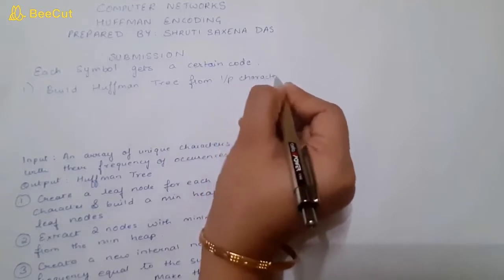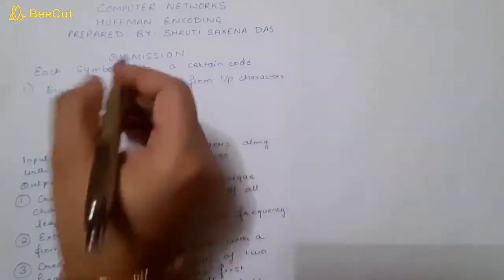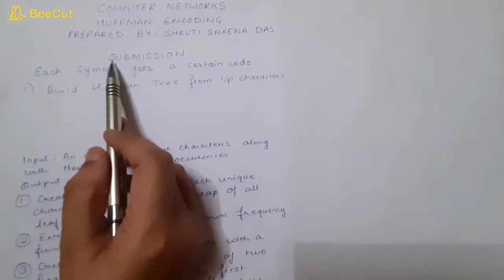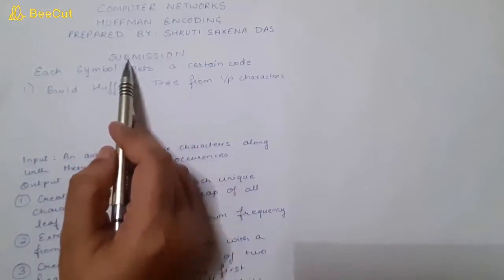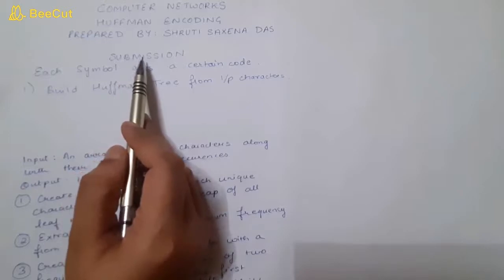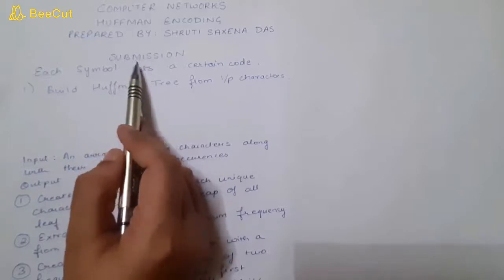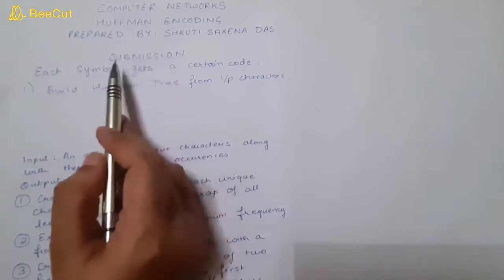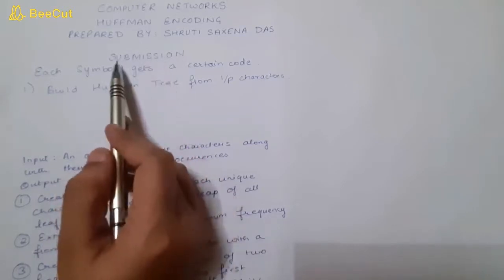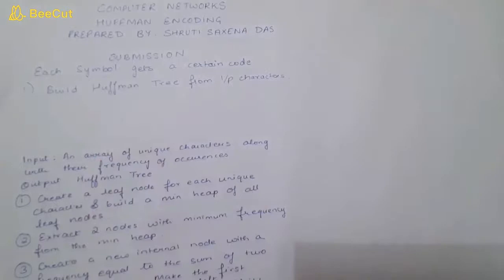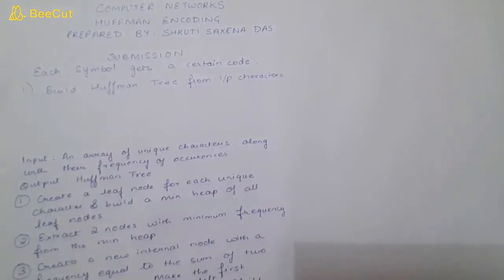Like in the above case, in submission, what are the inputs? Inputs you have to take in alphabetical order. So we have B, I, M, N, O, S, and U. So these symbols are there. So the first phase will be that we need to create a Huffman tree from these symbols.